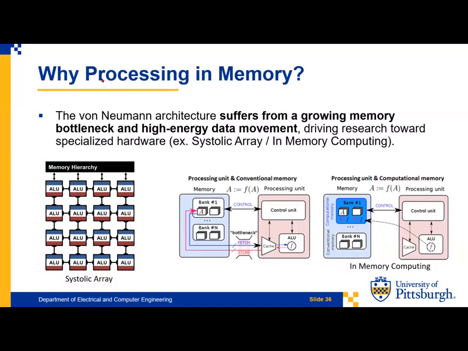Okay, why do we need processing in memory again? Because the traditional von Neumann architecture suffers from a growing memory bottleneck and high energy data movement.